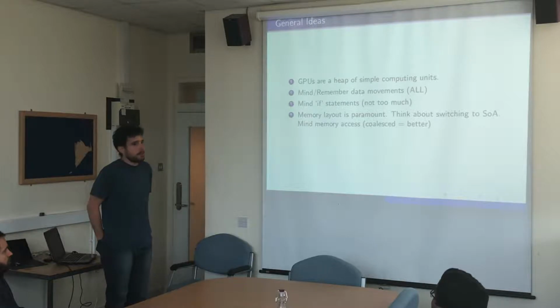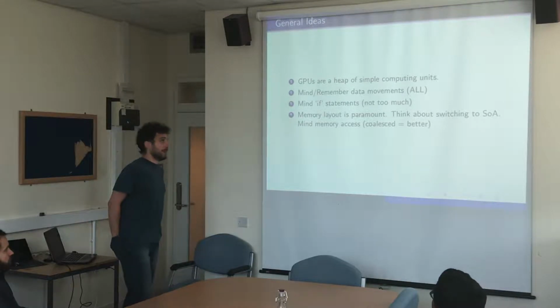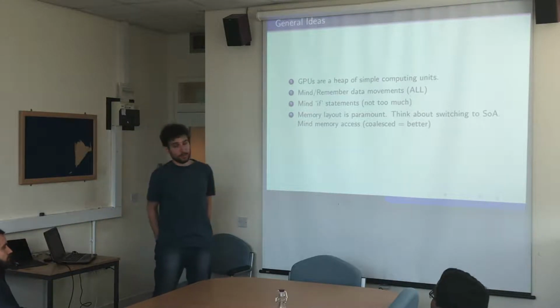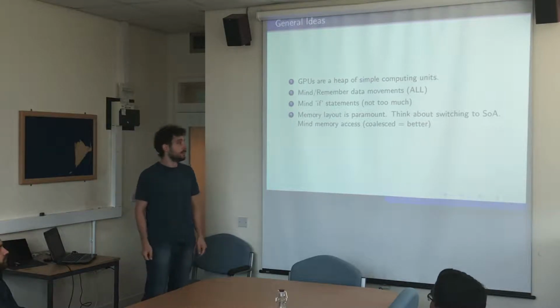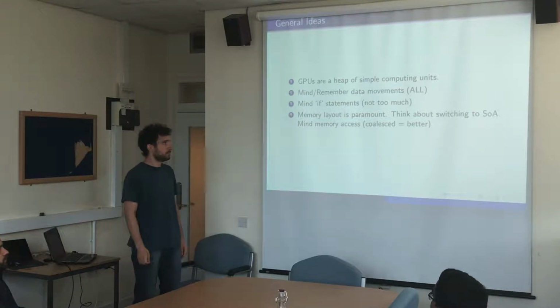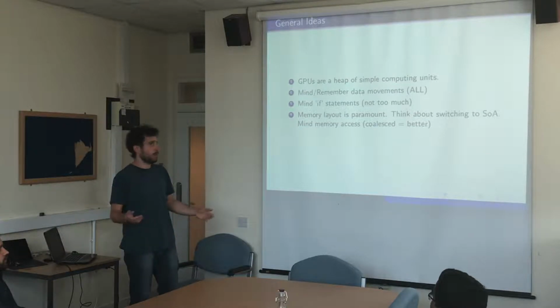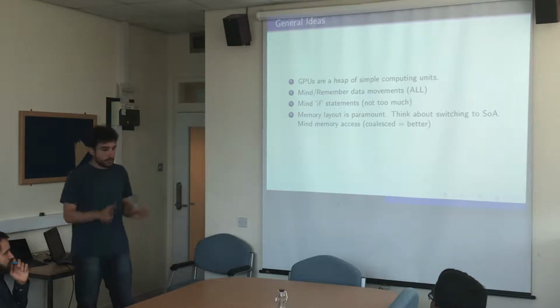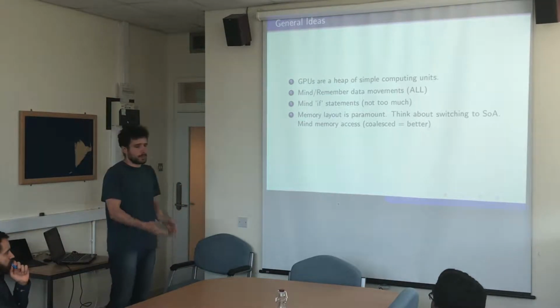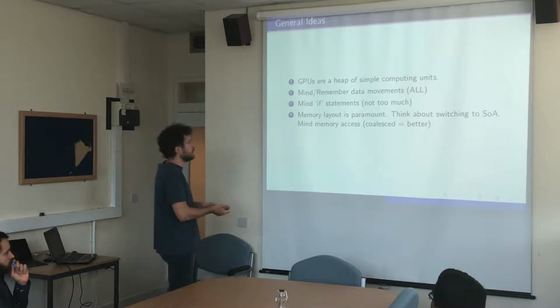When programming for GPUs, one has to remember to move data when necessary, and also try to move data as little as possible. Also, one thing that people tend to be paranoid about is branches. We'll see maybe what the problem with this is.